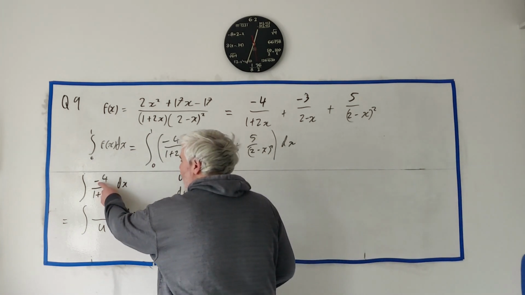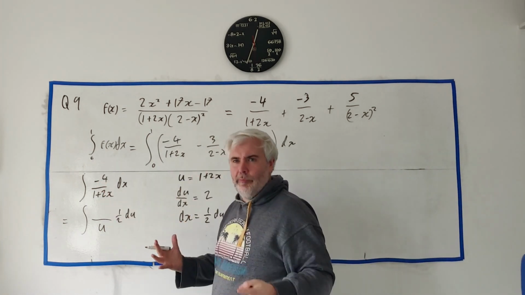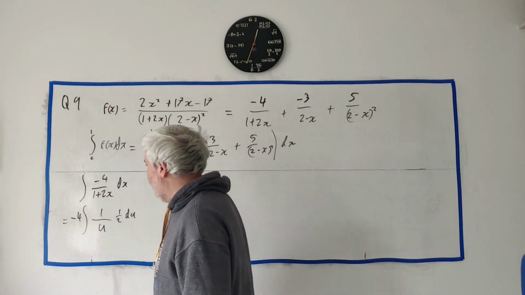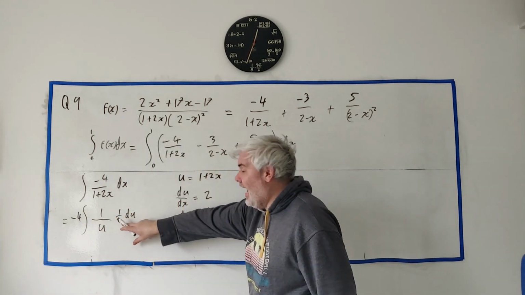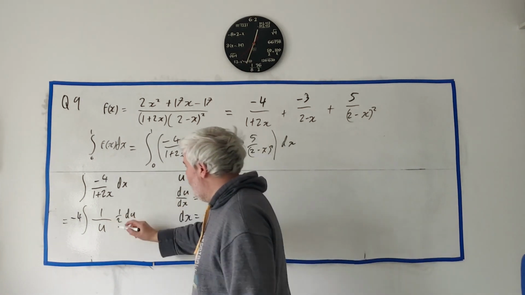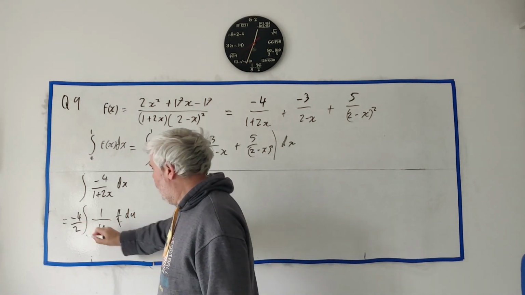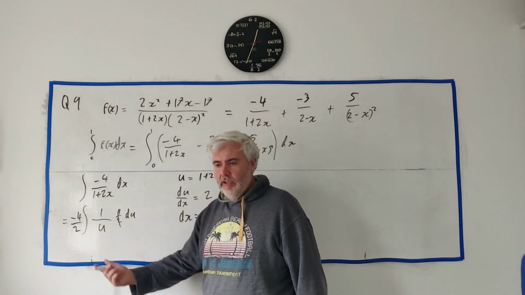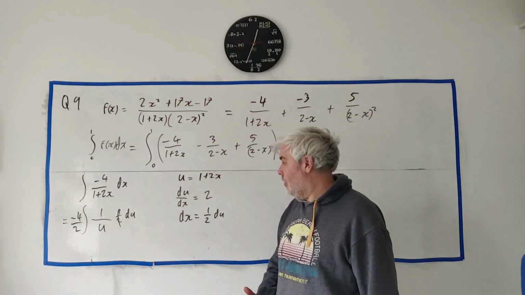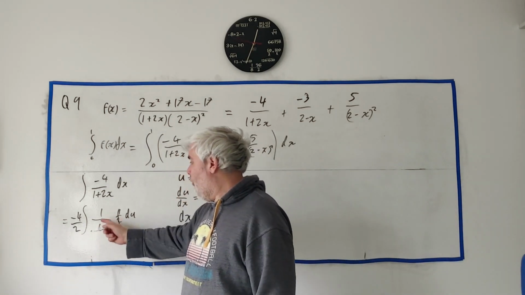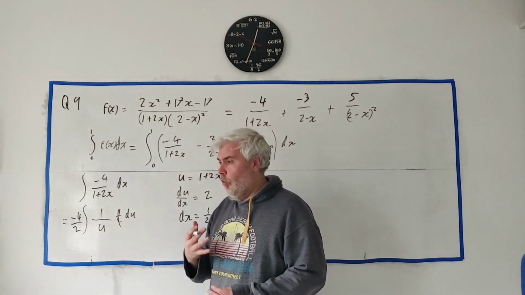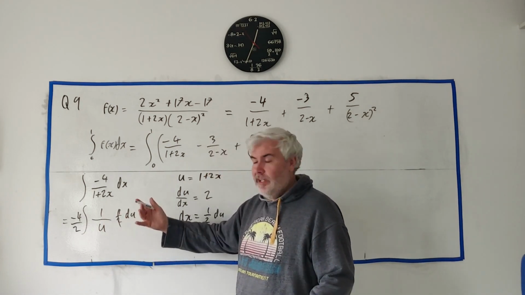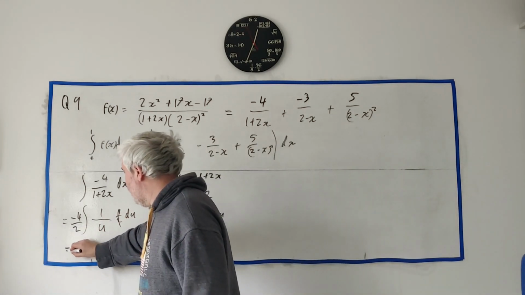The top row, a minus 4. That's just a number. There's no x's or u's in that. So let's bring the minus 4 outside. Again, the half as well, just a number. Let's bring that outside. There. So now we're left with an integral that's in our formula book. The integral of 1 over x or 1 over u, like 1 over something with respect to that thing basically, is equal to the natural log of the absolute value of u.